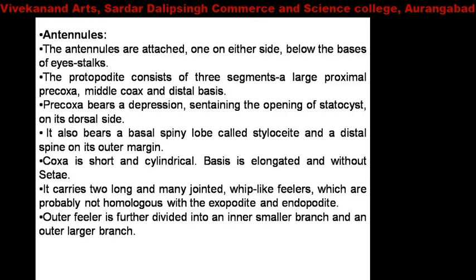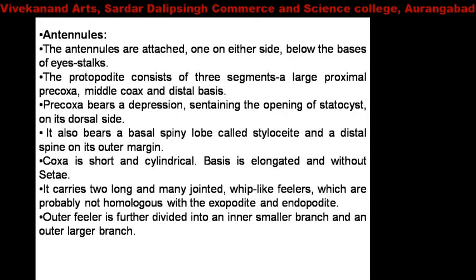Below the eye stalks you will see two antennules present. The protopodite consists of 3 segments, a large proximal precoxa, middle coxa and the distal basis. Protopodite has 3 segments: precoxa, coxa and basis.